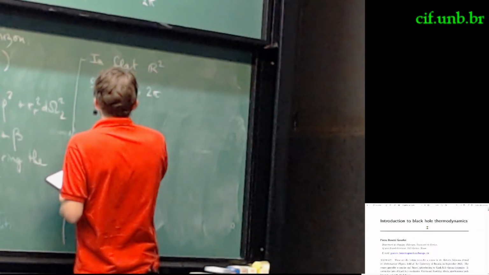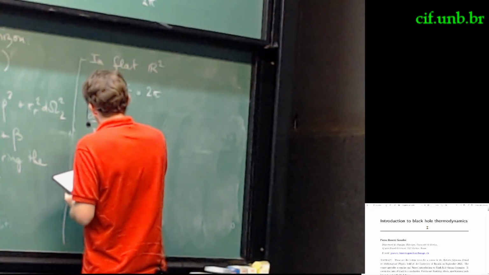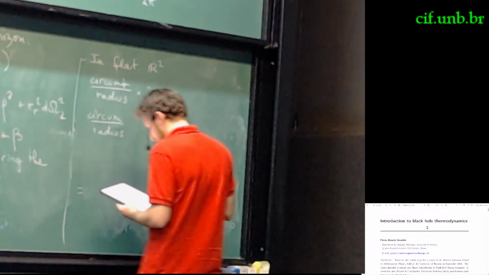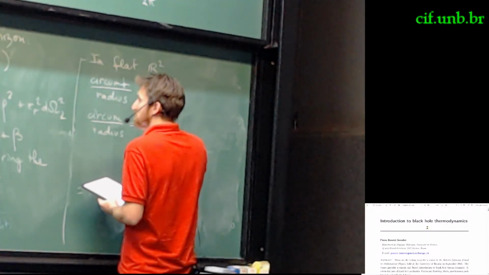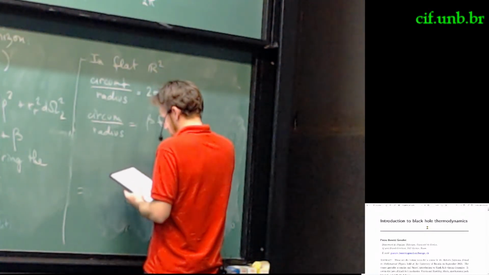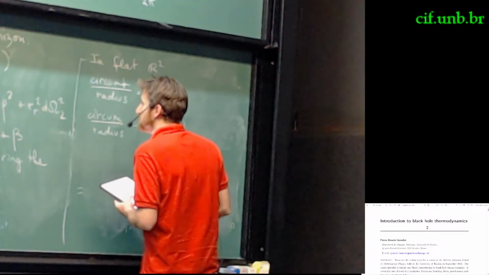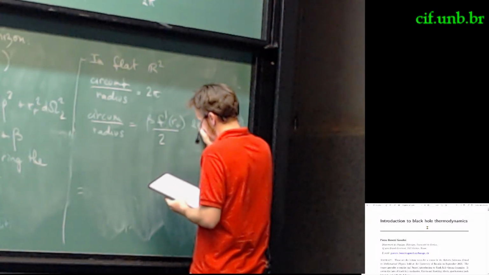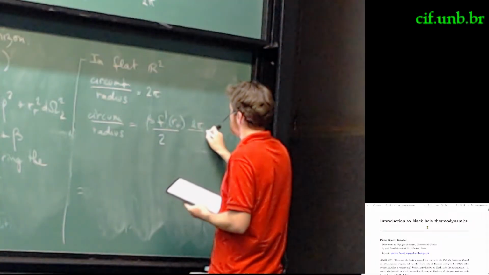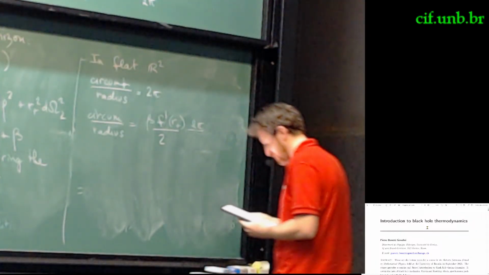On this space instead, circumference over radius has beta f prime of r plus divided by 2 times 2 pi rho over rho star. So they have this property.